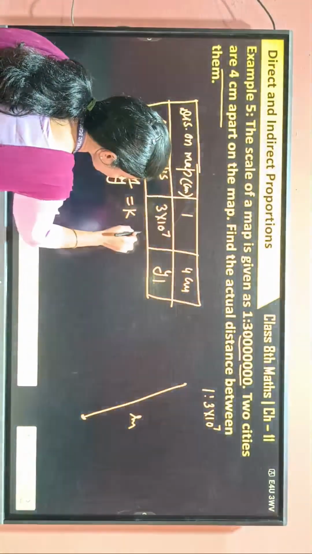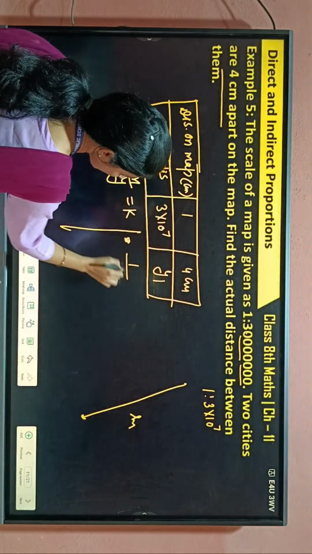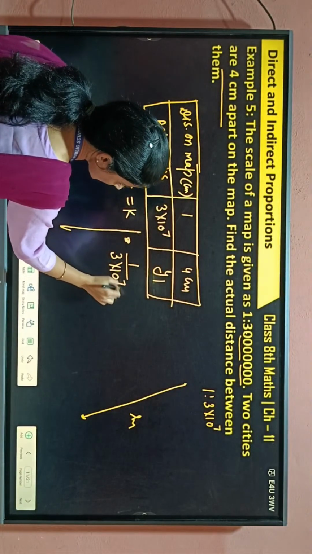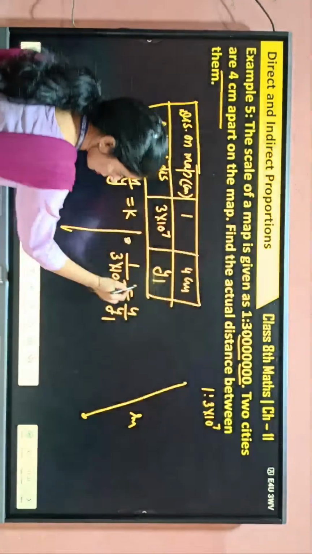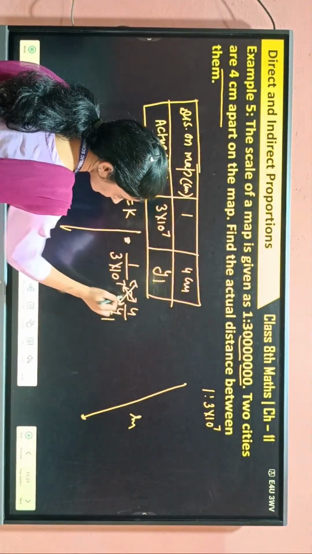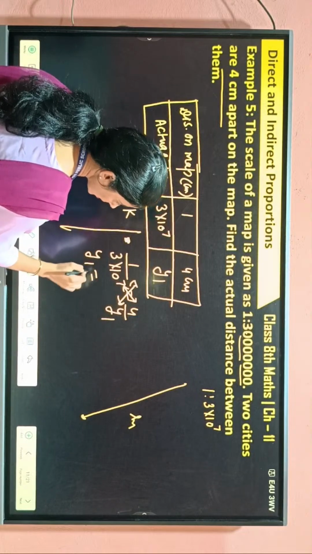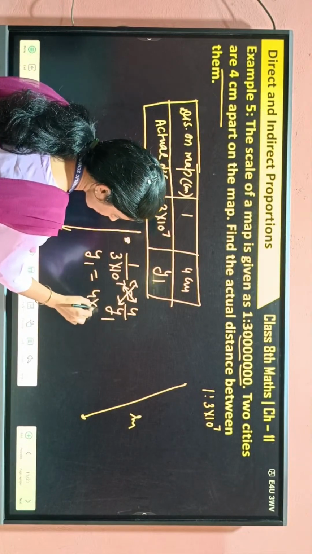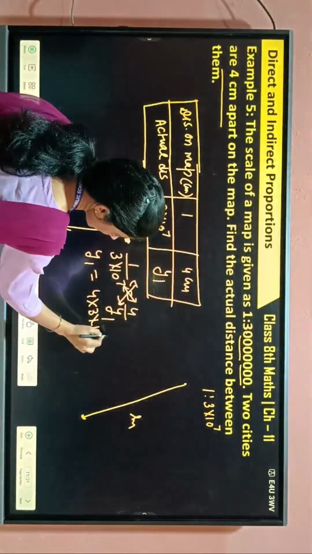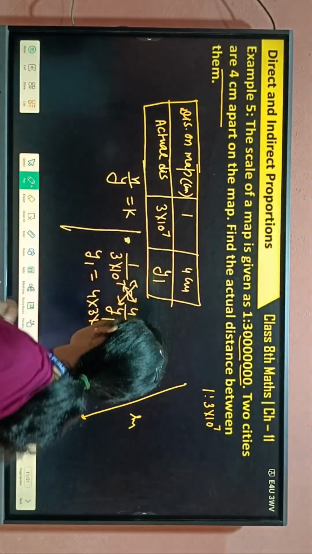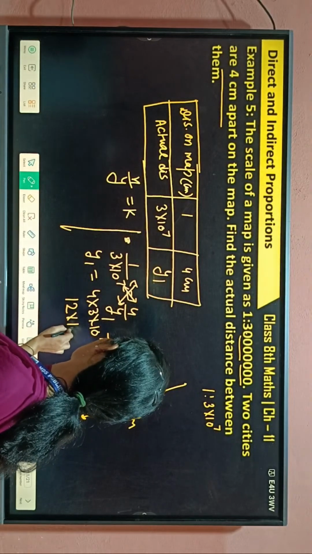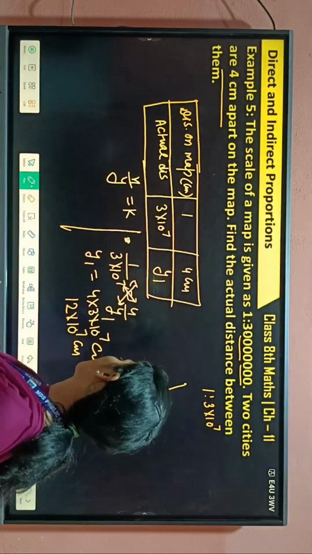It will be 1 by 3 into 10 raised to power 7 is equal to 4 by y1. Using cross multiplication, y1 is equal to 4 into 3 into 10 raised to power 7 centimeter. The answer is in centimeter. It is 12 into 10 raised to power 7 centimeter.